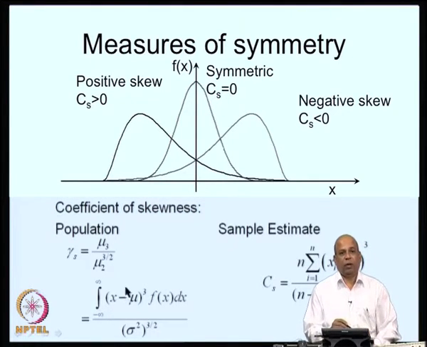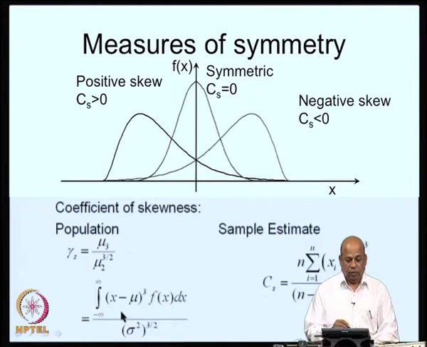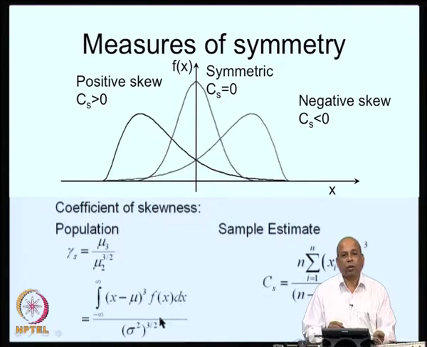This is written as mu 3, the integral of (x minus mu) to the power 3 f of x dx. Recall that mu n is the integral of (x minus mu) to the power n f of x dx. Therefore, this term indicates the third moment divided by mu 2 to the power 3 by 2, which means sigma to the power 3.